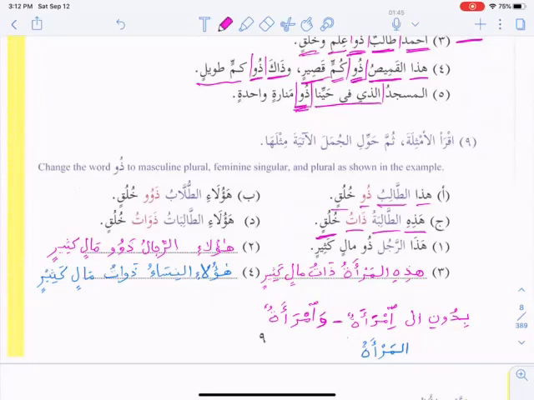So now we have here: هذا طالب ذو خلق، هؤلاء طلاب ذو خلق. So ذو became ذو, but ذو is masculine and the monas is zawatu.